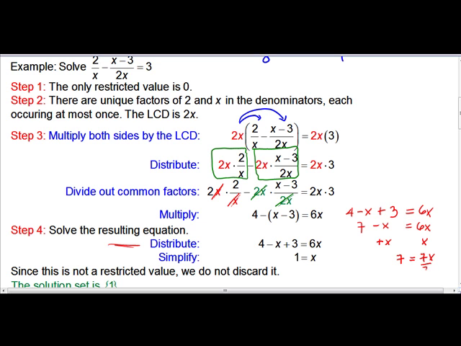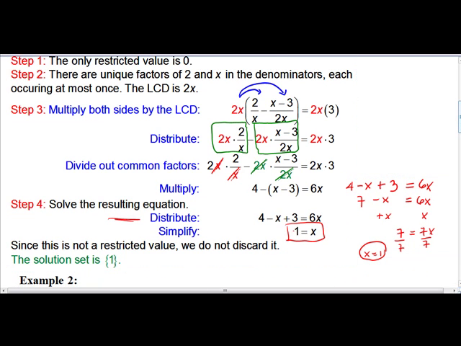To solve for x, I divide by 7. So x equals 1. Now, because x equals 1 is not the restricted value, we do not discard it. So our answer is x equals 1.